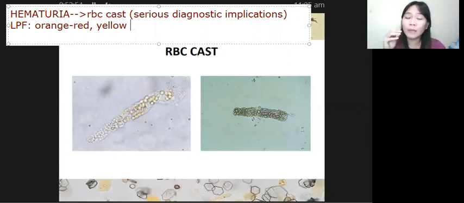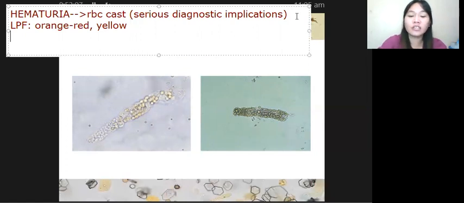Dapat doon sa ating RBC cast, may area na well distinguished. Okay? Very distinct yung mga RBC cells. Alright? So, yung distinction ng ating mga RBC cells in your cast, it should be observed using your high power objective.